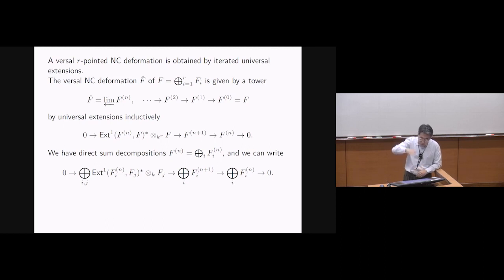So in order to climb the tower, you construct universal extensions, and the universal extension is given by this exact sequence. Yeah. So by iterating universal extensions, eventually you get the versal deformation.